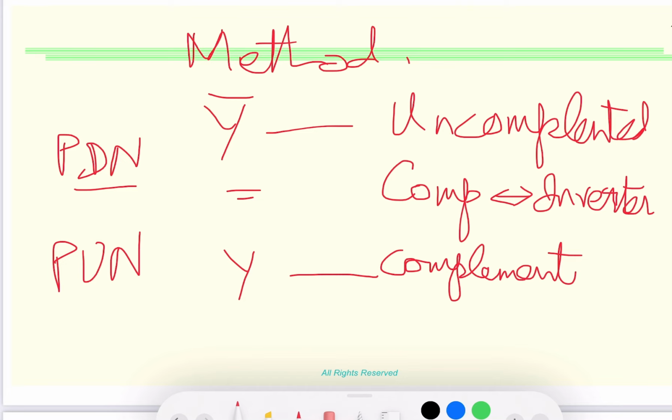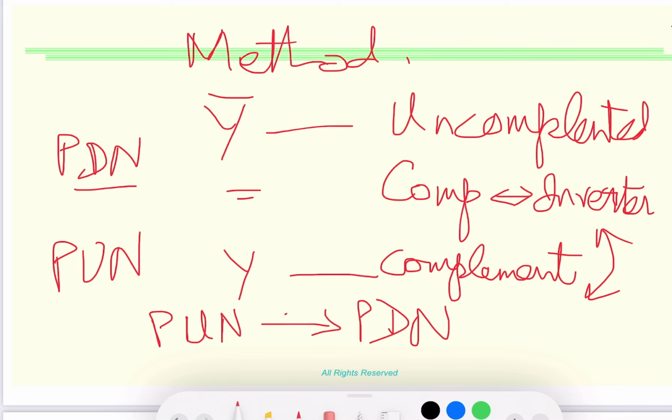We then apply uncomplemented variables to the gate of PMOS. Again, if we come across uncomplemented inputs, we use an inverter, and we can go from a pull-up network to a pull-down network both ways by using the duality property and De Morgan's rule.